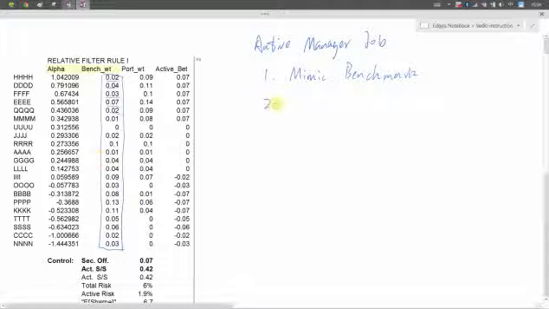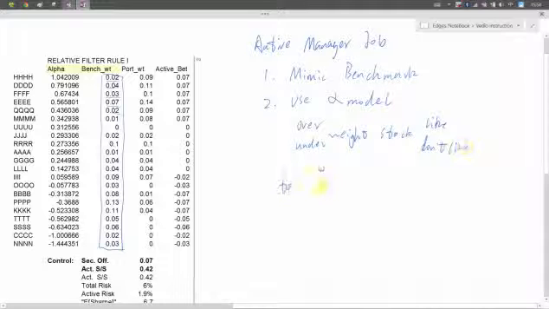Secondly, we use something called the alpha model to overweight and underweight stocks we like or don't like, to beat the benchmark.